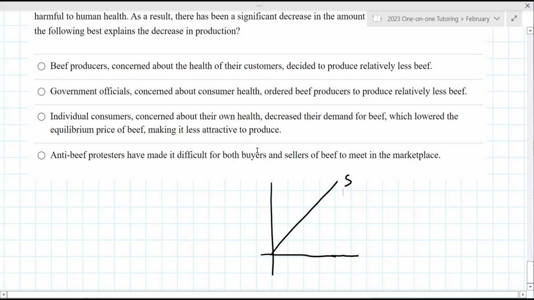Anti-beef protesters have made it difficult for both buyers and sellers of beef to meet in the marketplace. Even in that case, they can still get around that. So the only reasonable answer here is C, which is that individual consumers who are concerned with their own health just demand less. They say, you know what, I don't want as much beef anymore in my diet. So as a result, they're going to produce less.